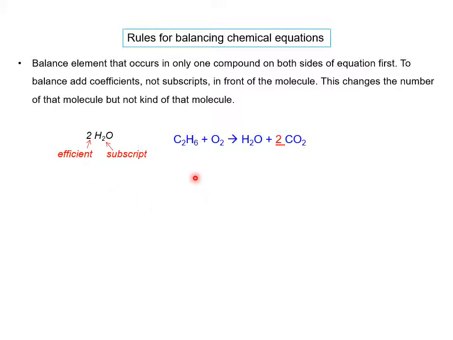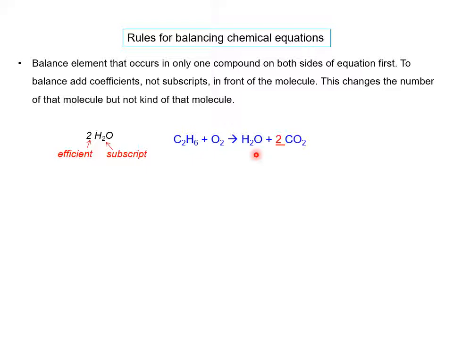So in this equation here, you can see that the carbon occurs in only one compound on the reactant side and one compound on the product side. So we start off with the carbon. We could have started off with the hydrogen because it's the same case for the hydrogen. On the left and the right side, it occurs in only one compound.